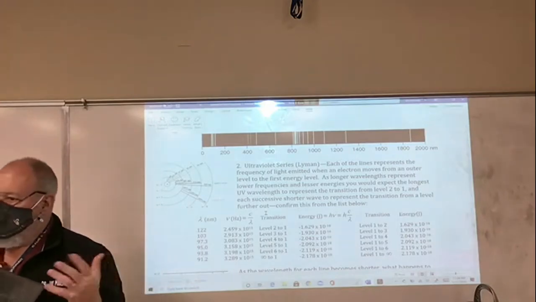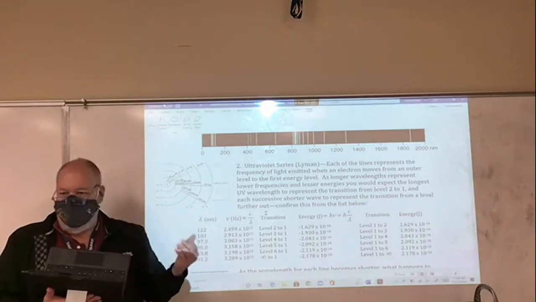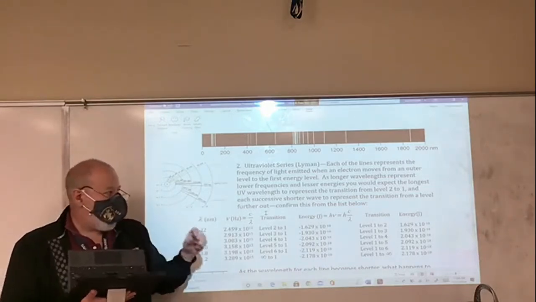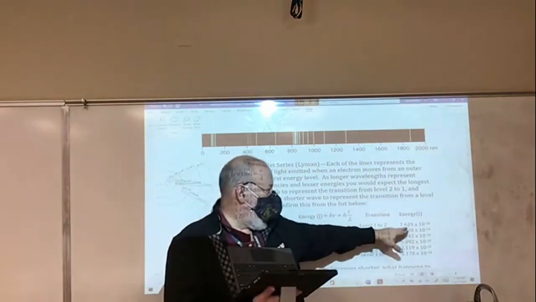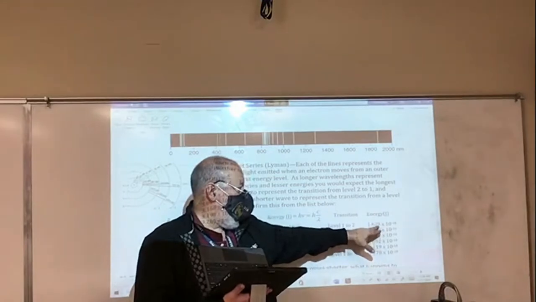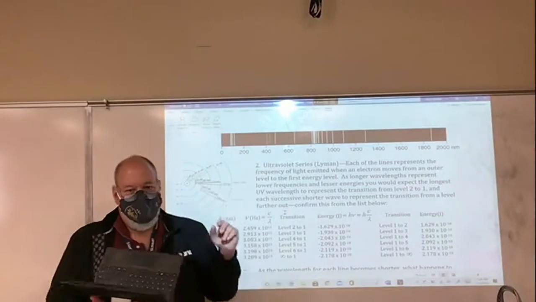Now you may have wondered, you talk about these energy levels like you can actually measure that tiny amount of energy difference. Between here and here, it's 0.3 times 10 to the 18th joules of energy to go from here to here. How can you possibly measure that? Well, this is how we measure that.